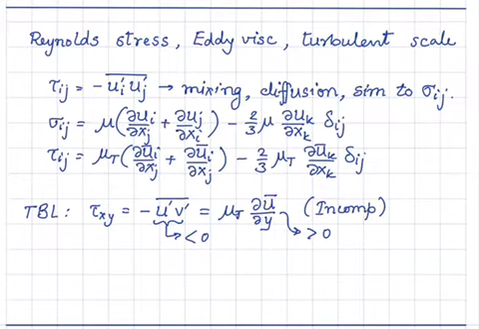So the term tau xy is actually positive. du dy is greater than 0. So eddy viscosity has to be greater than 0, and that is absolutely consistent with what we expect of eddy viscosity. Like molecular viscosity can never be negative, so eddy viscosity also cannot be negative.